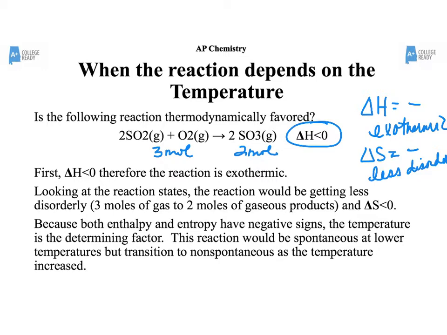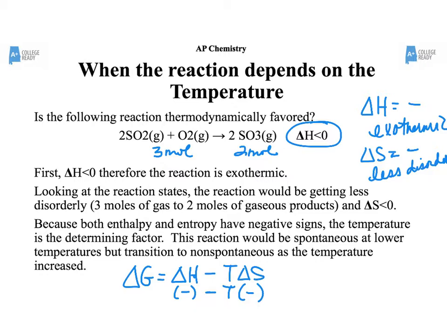So, is this reaction going the way that the universe would want it? Well, for the delta H, yes, exothermic. But for the delta S, it's getting less disorderly. We have a problem there. If we plug in delta G equals delta H minus T delta S, with a negative value for H and a negative value for delta S, what's going to determine the sign of delta G?